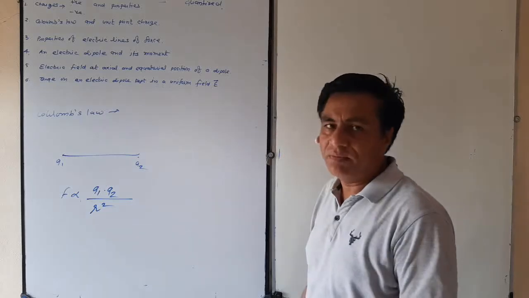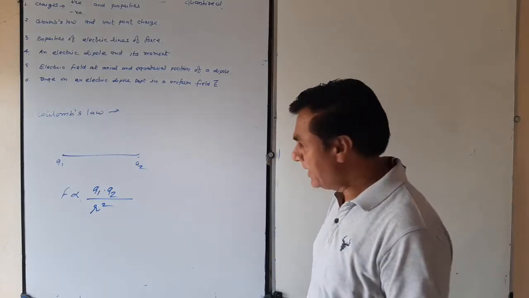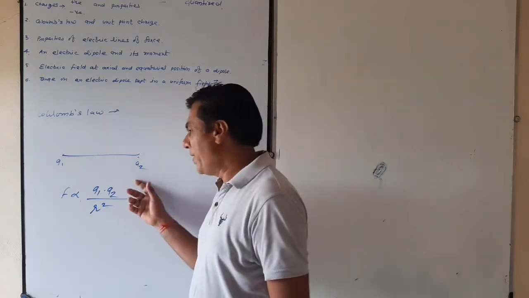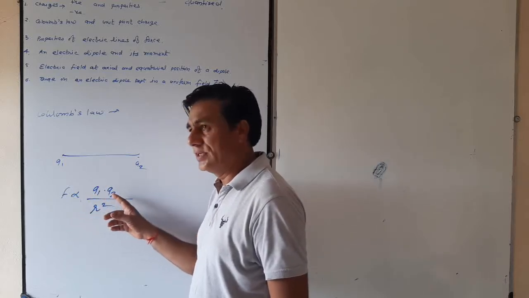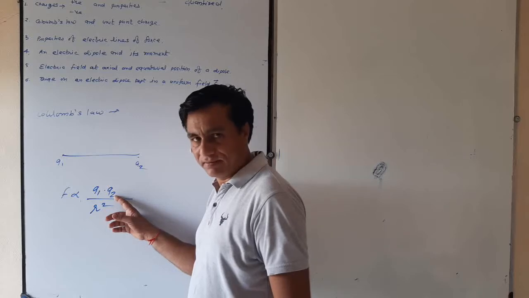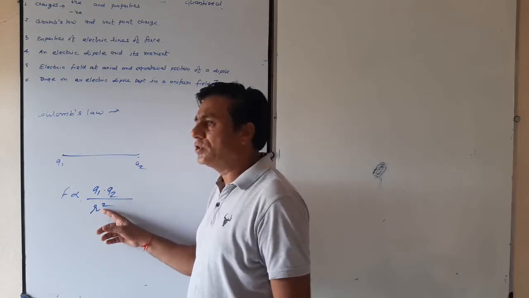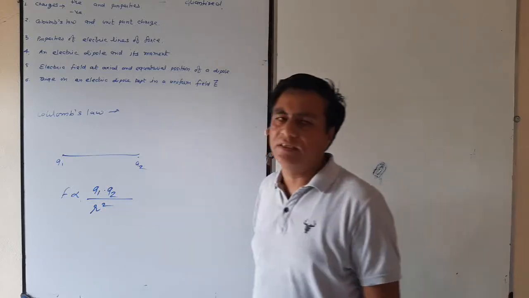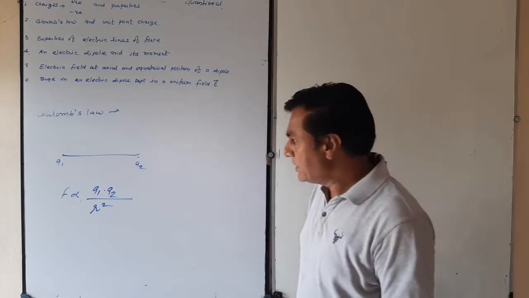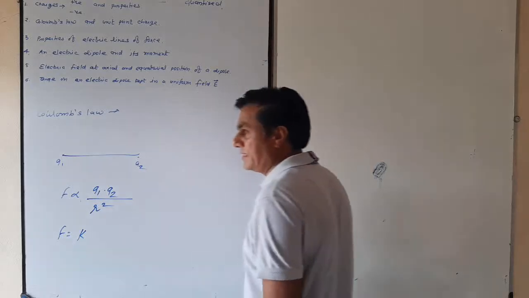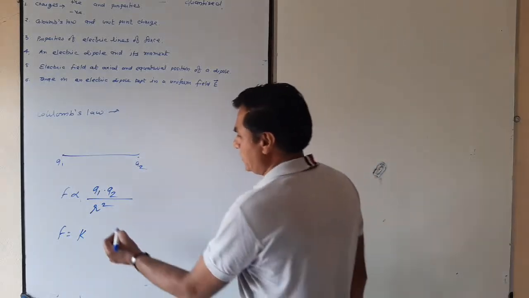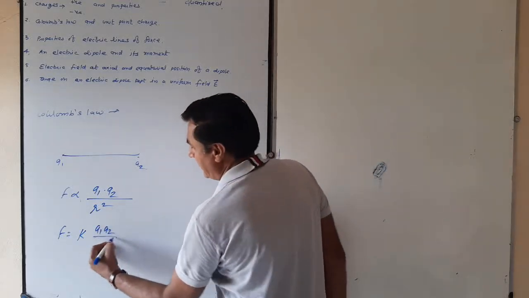That is Coulomb's law. Electric force between 2 point charges is directly proportional to the magnitude of charges and inversely proportional to the square of the distance between them. If you remove the proportionality sign, it requires a constant K: F equals K Q1 Q2 divided by R square.